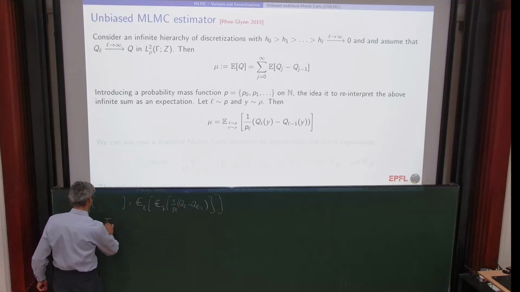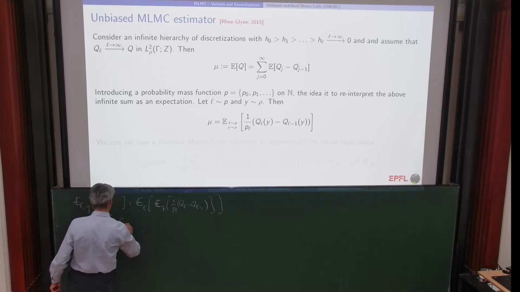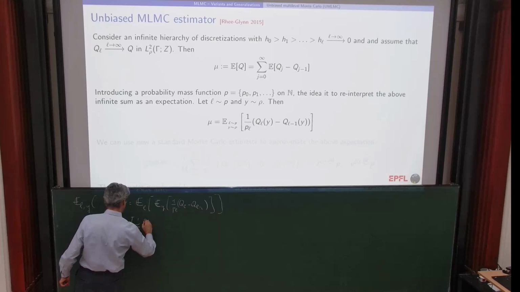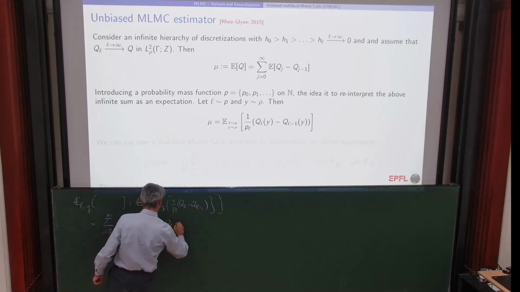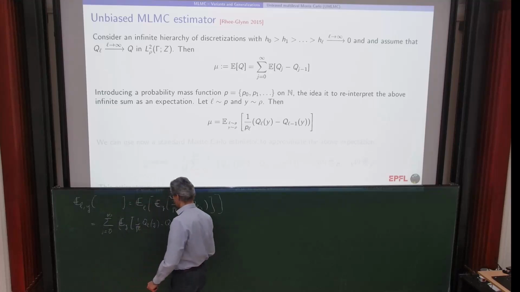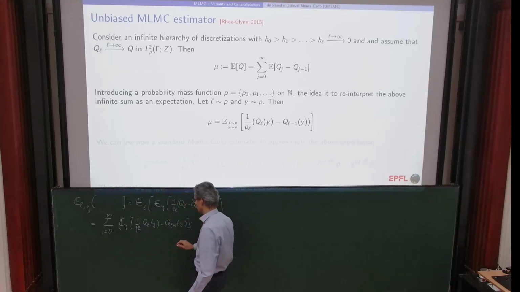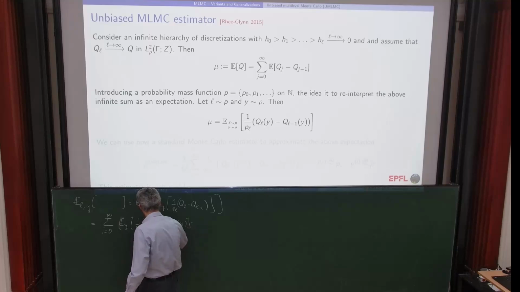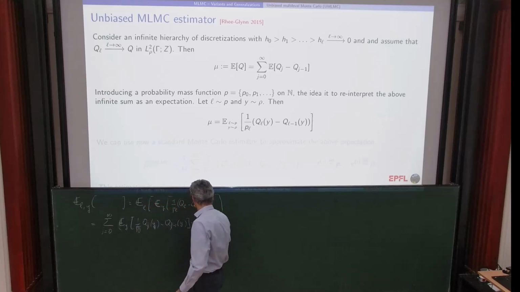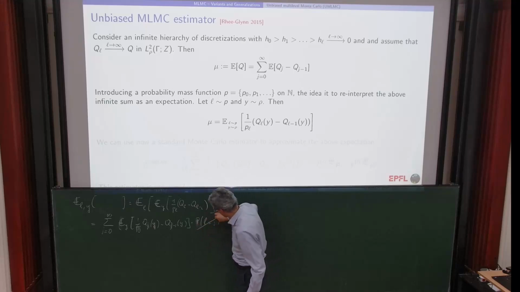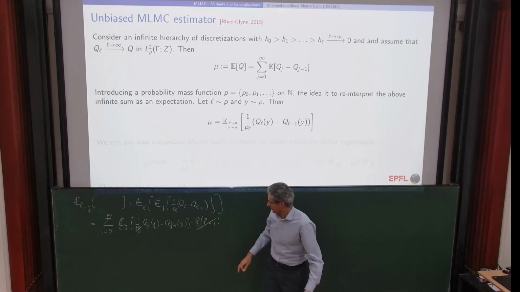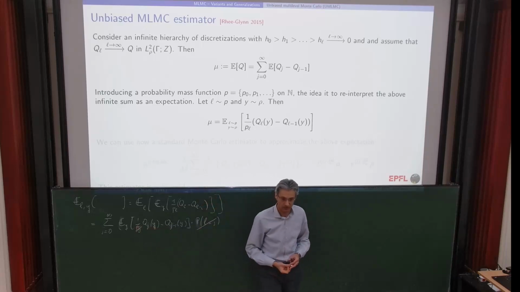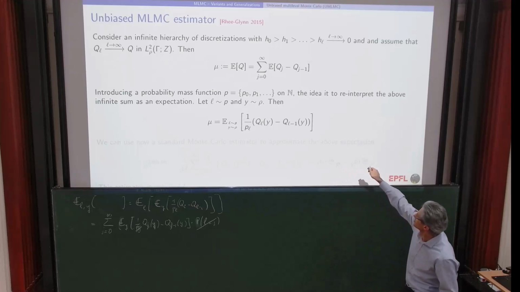It's a sum over all possible values J that the random variable L can take of this inner expectation, times the probability that L is equal to J, but this is exactly p_J, so this cancels this p_J, and here you get the expectation of Q_J minus Q_{J-1}, which was the original infinite sum.